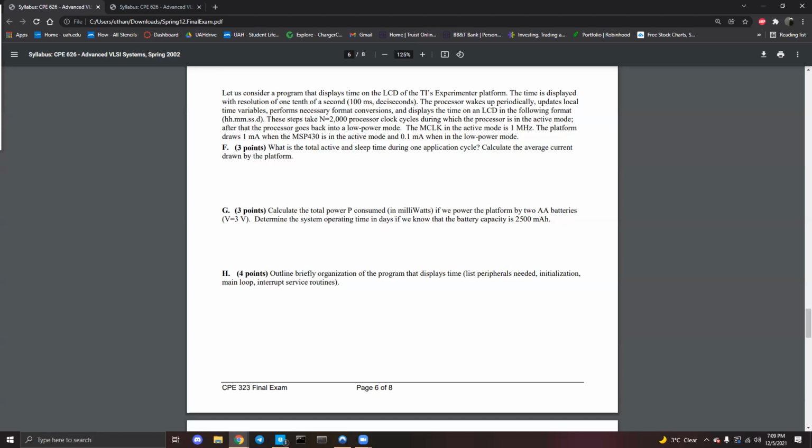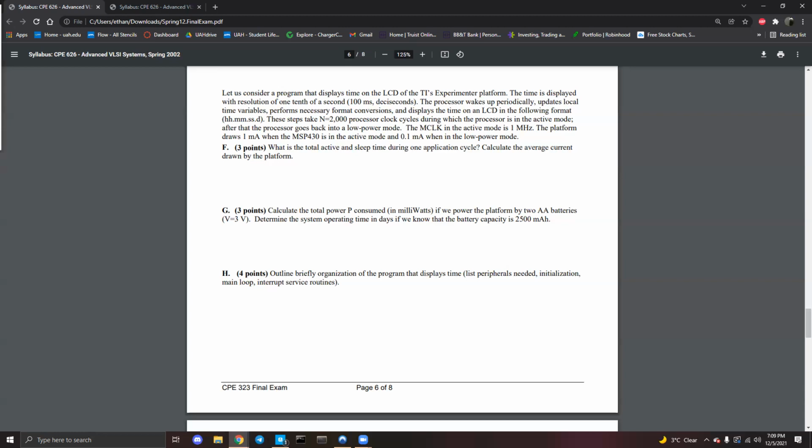So 1 divided by 1 million, or 1 times 10 to the 6th, times 2000 is 2 milliseconds.